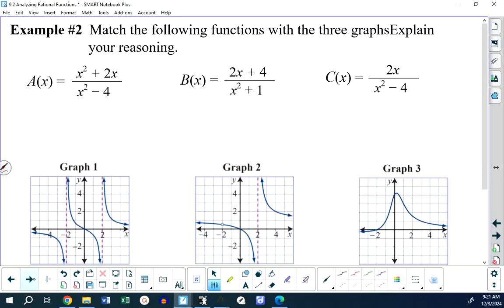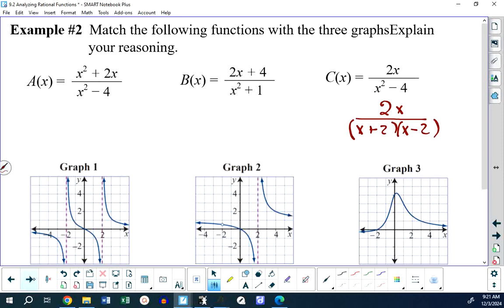You were asked to match these three rational functions with the three graphs. So to begin with, I'm just going to start over here. When you factor c of x completely, we see there are two non-permissible values, one at -2 and one at +2.